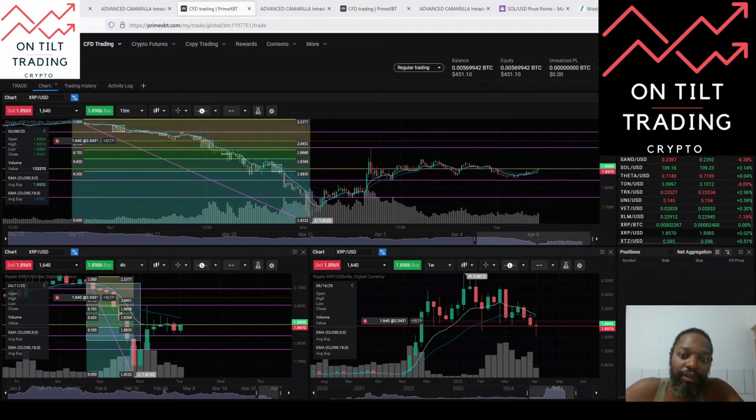After this market structure shift, we can also see here that we have a break of structure of this market structure shift. So another sign that Ripple may be reversing.